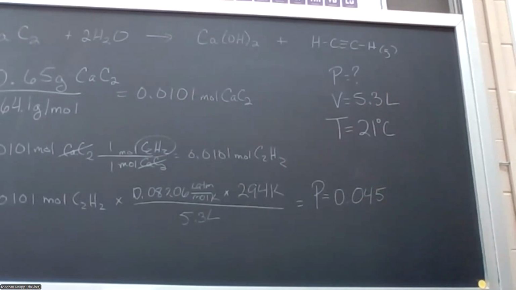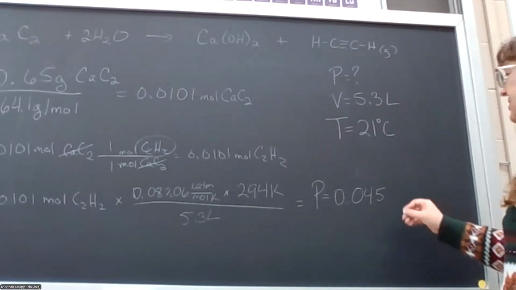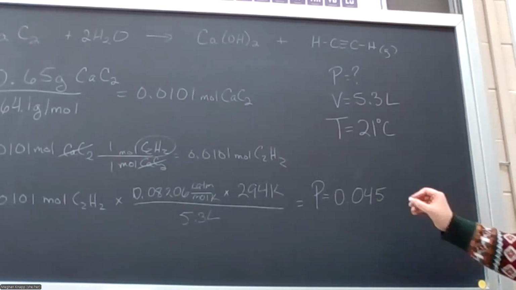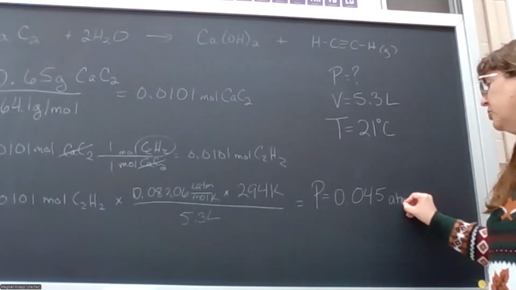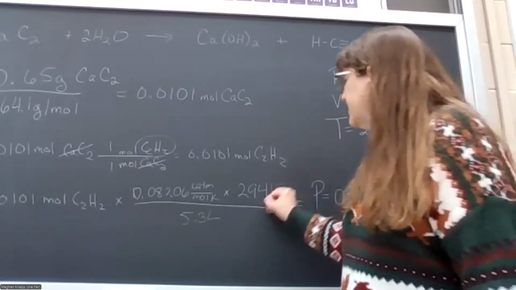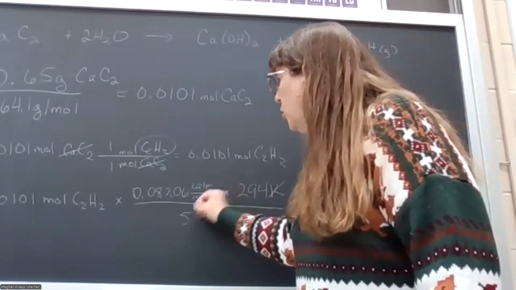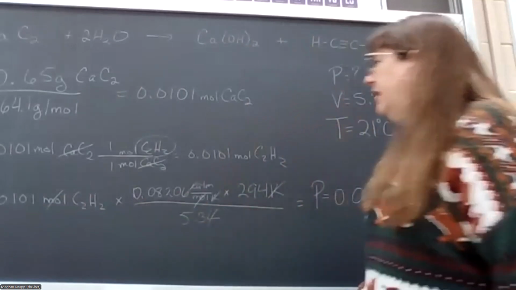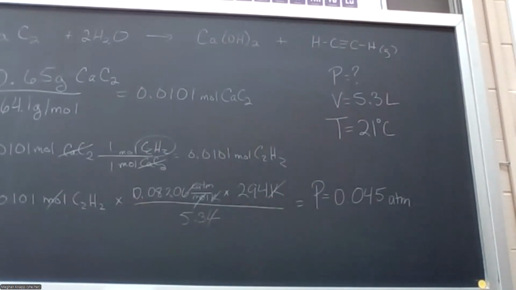So if you're up or down by 1 digit on there, that's not a big deal. What are my units here? Atmospheres. I know that because I'm looking at a pressure, right? Also because kelvins cancel, moles cancel, liters cancel, and I'm left with atmospheres.